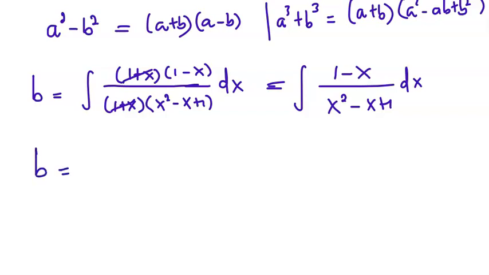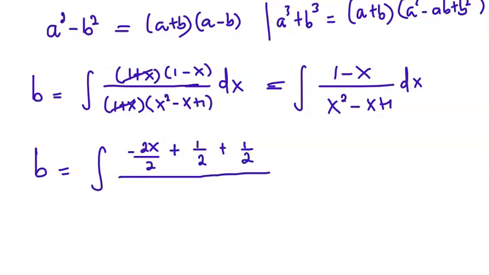So this B will be equal to the integral. This numerator right over here, we can write as negative 2x over 2, plus 1 over 2 plus 1 over 2, then divided by x squared minus x plus 1.